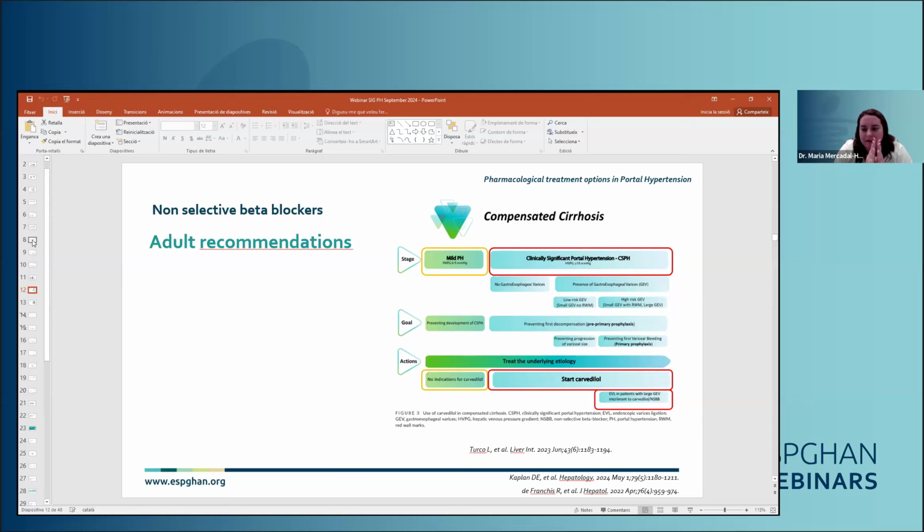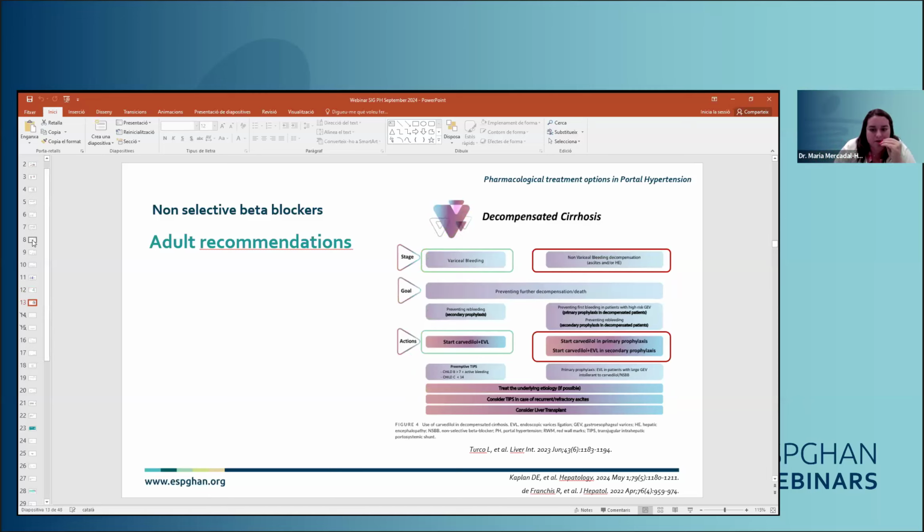Obviously, if the patient has high-risk gastroesophageal varices and they do not tolerate carvedilol as primary prophylaxis, you can also use ligation. But also the interesting thing is what I was saying before, in patients with decompensated cirrhosis, I'm not minding if the decompensation is because of bleeding or because of ascites or hepatic encephalopathy.